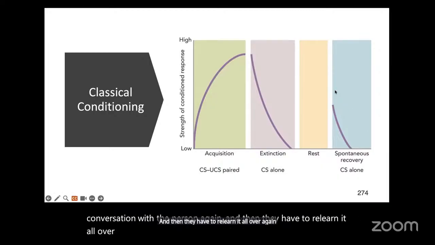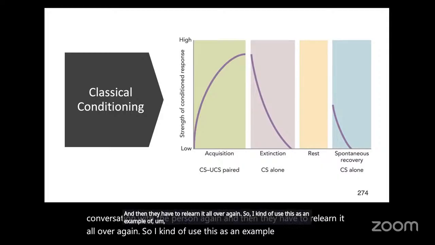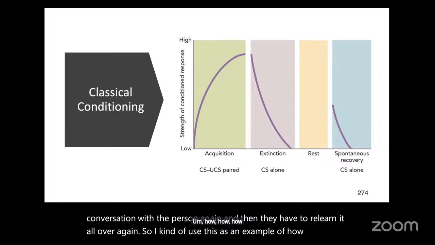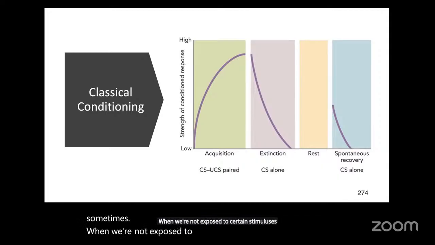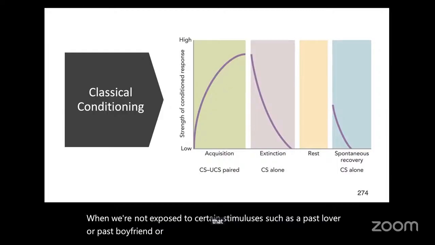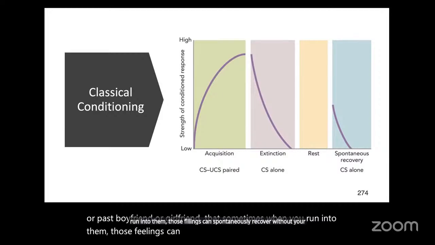So I use this as an example of how sometimes when we're not exposed to certain stimuli, such as a past lover or past boyfriend or girlfriend, when you run into them, those feelings can spontaneously recover without your permission.